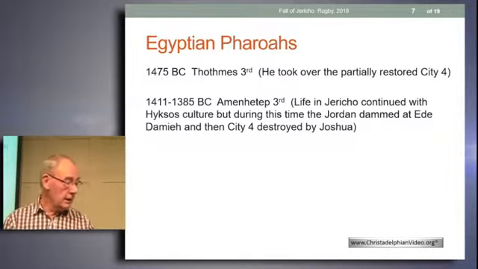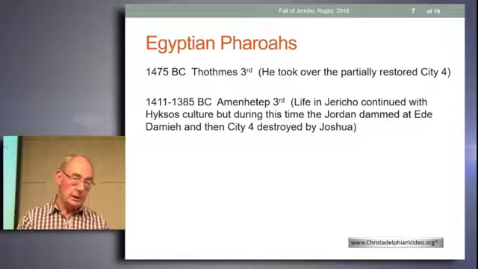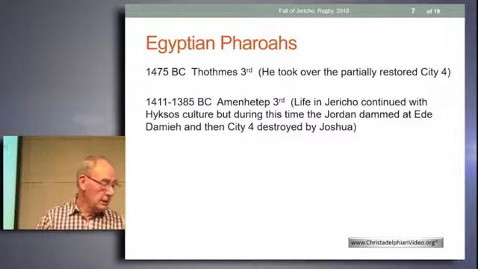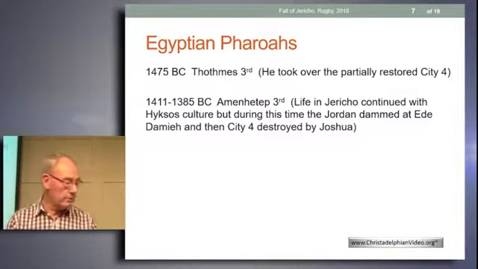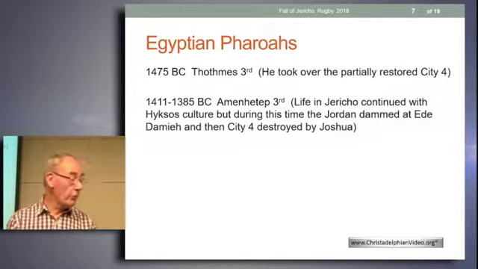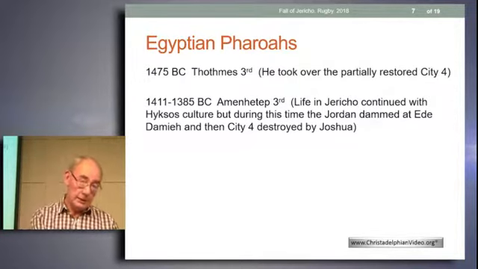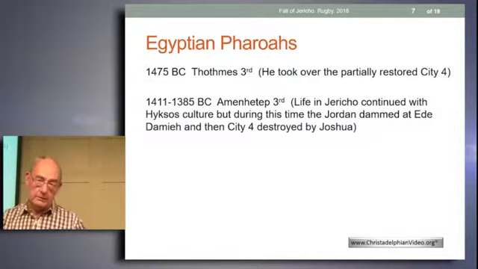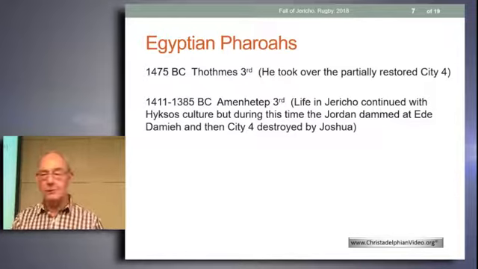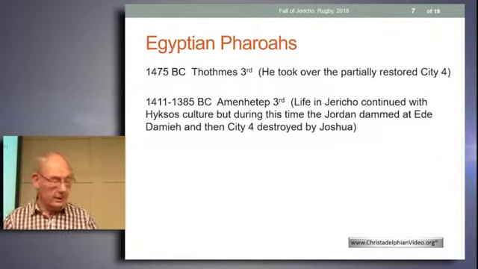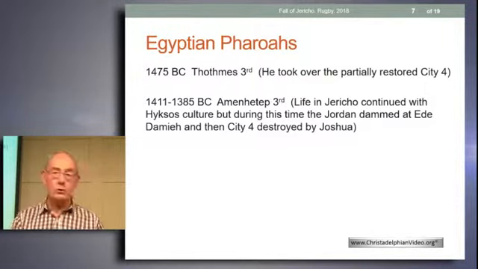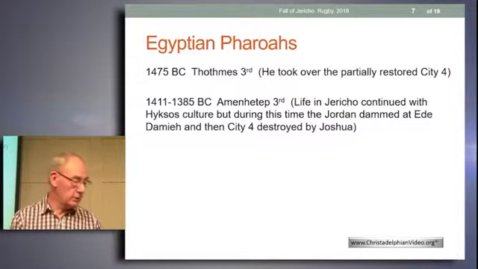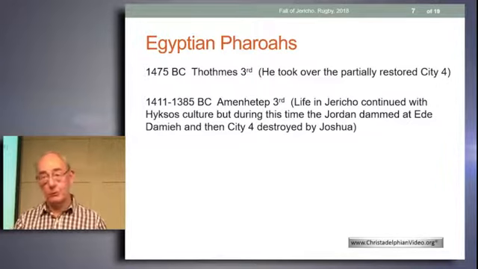And moving later, there arises another pharaoh, Amenhotep, we probably pronounced it wrong, Amenhotep III. And as we said, life in Jericho continued very much as it had done, but during his reign, which ended very abruptly, the Jordan was dammed at a place called Edi Dami, and then the city was destroyed by Joshua, as we read in chapter 6.